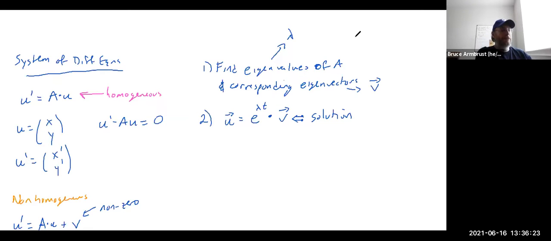So let's do this. Let's do another example. Let's do one where we can go ahead and find these guys. I'm actually going to look one up from a DiffyQ book because I don't want to give us one that's got eigenvalues that are going to be an issue here. So how about we do this?